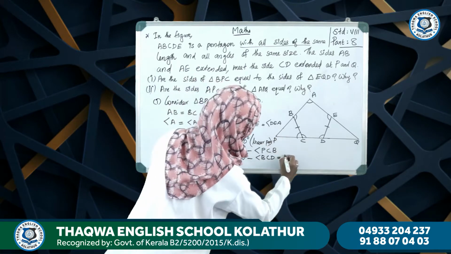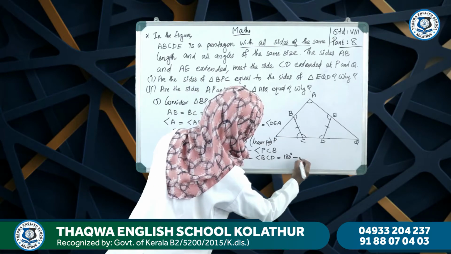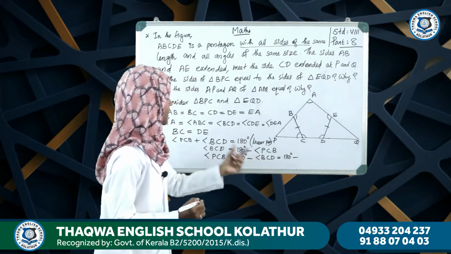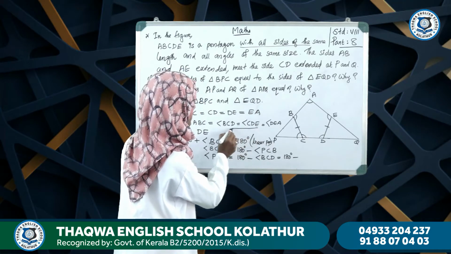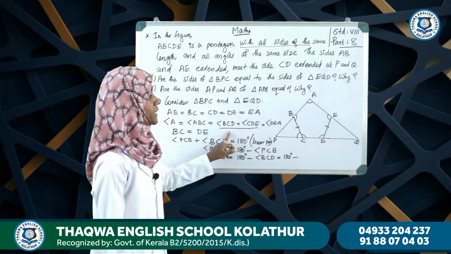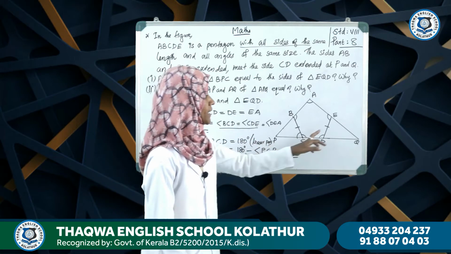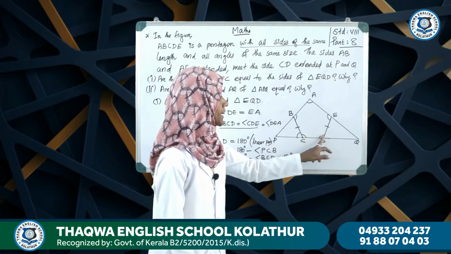That is, 180 minus angle BCD is same as 180 minus angle CDE, since angle BCD is same as angle CDE.